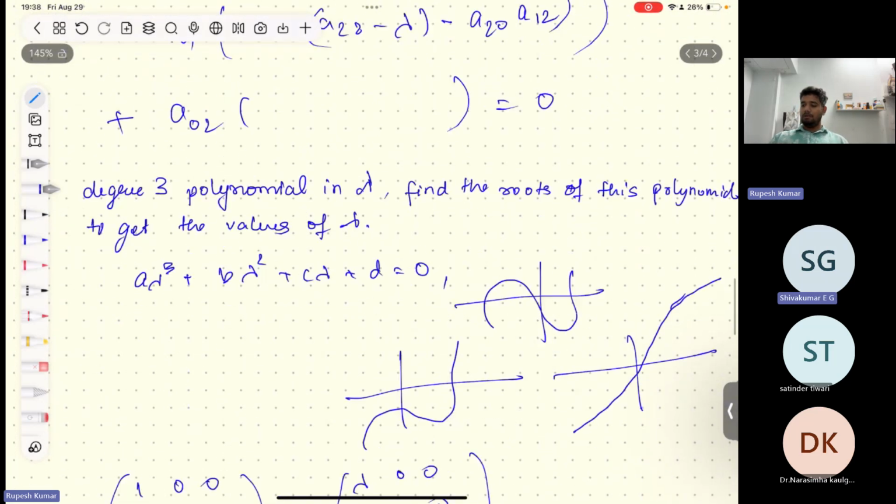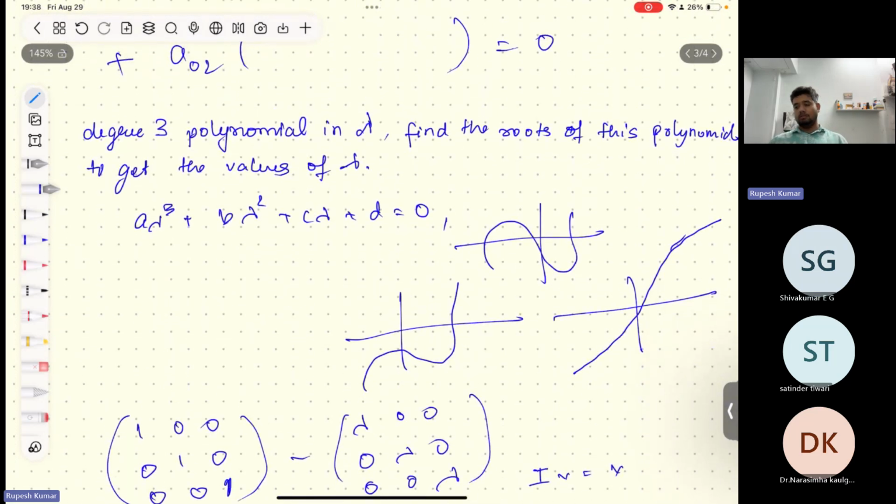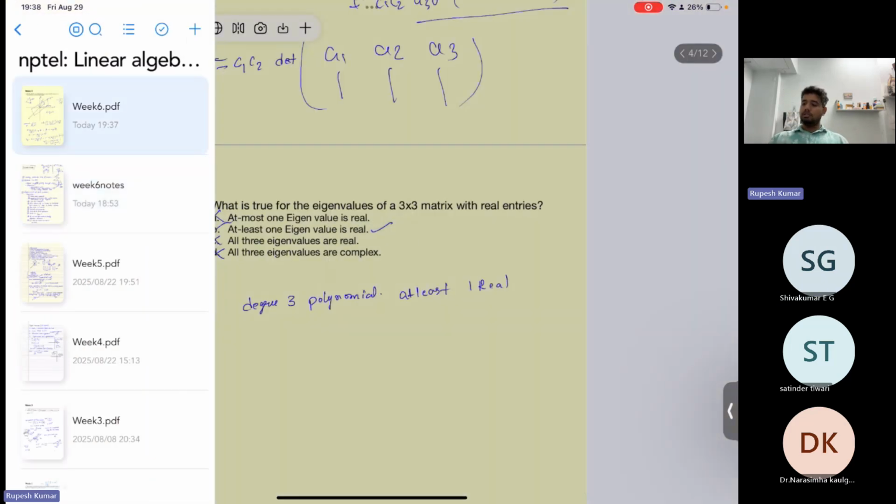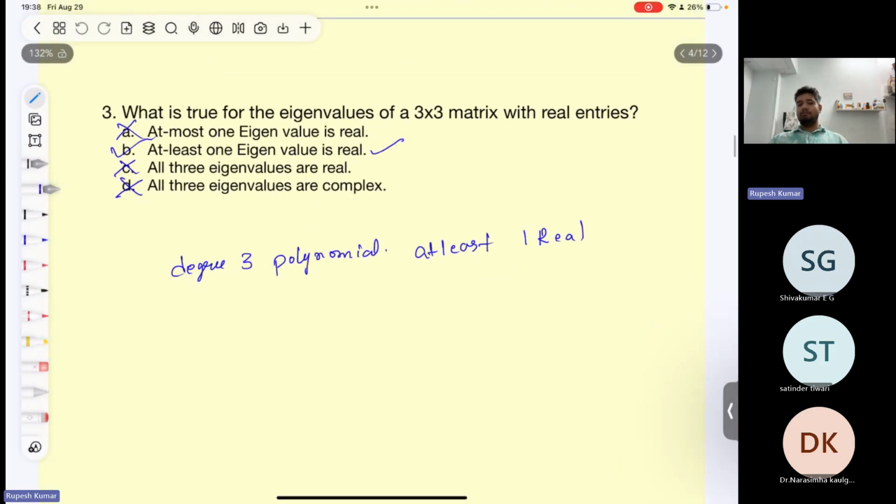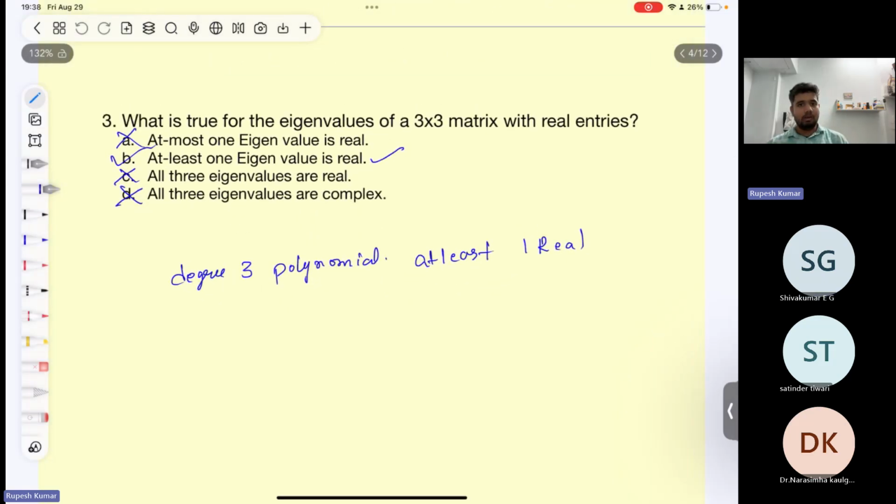So when you expand the formulation, you get this formula: a lambda cube plus b lambda square plus c lambda plus d equals 0. This is a polynomial of degree 3, and whenever we talk about a polynomial of degree 3, we can have one real root and two imaginary roots, which are essentially complex conjugates, or all three real roots.